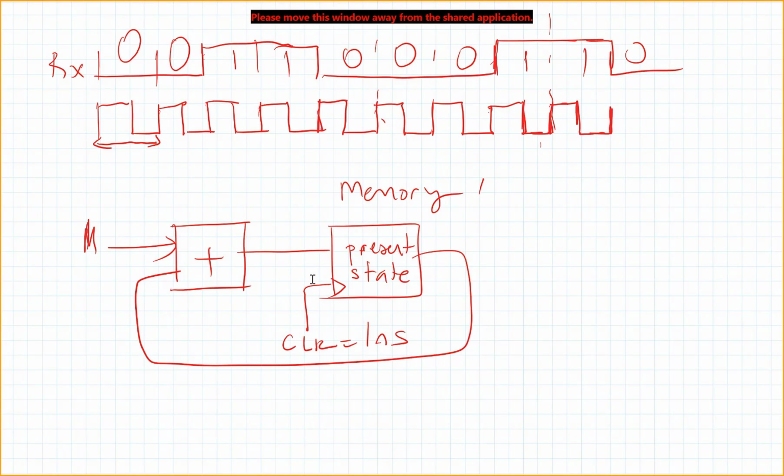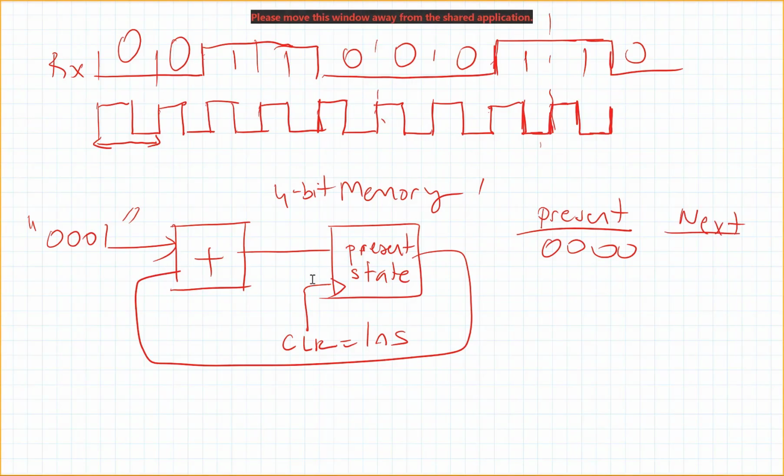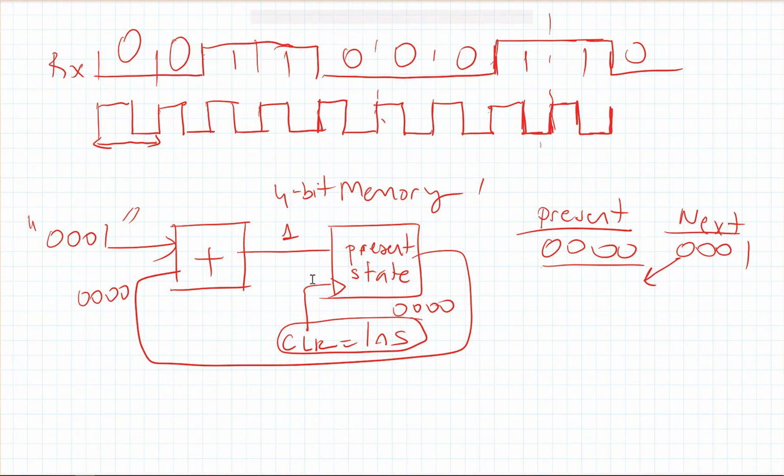Let's say this is a 4-bit memory and I am adding 0001 here. Let's say initially my present state is all 0, so initially this is 0000. I am adding 0000 to 0001, so I will get a 1. The next state will be 0001, and 1 nanosecond later my present state will change to 0001, right?